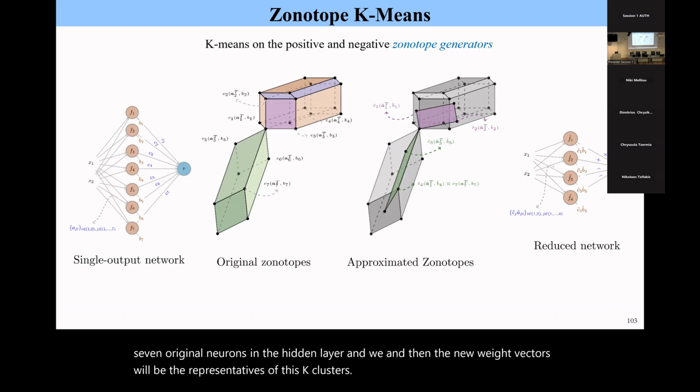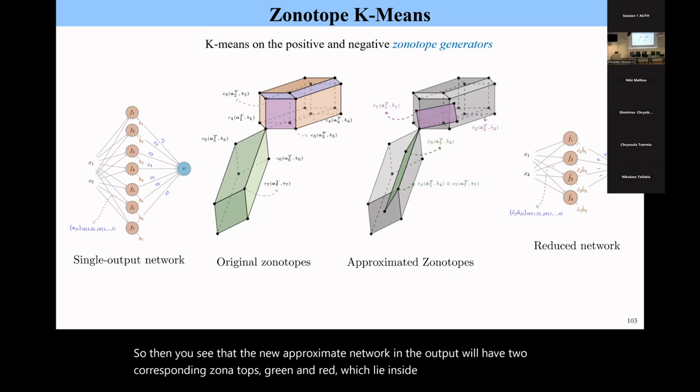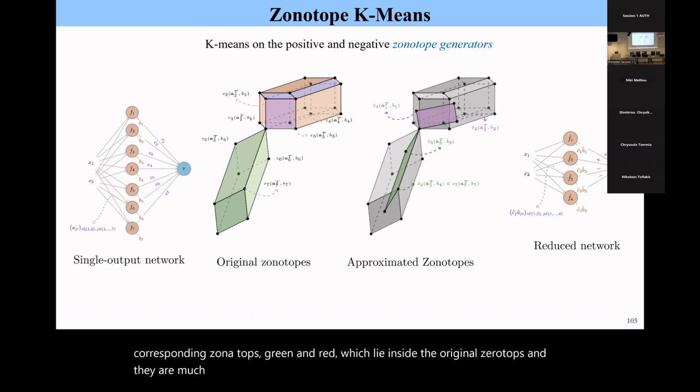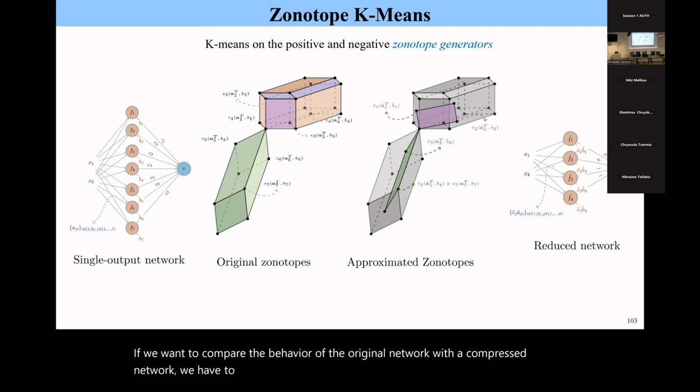Then you see that the new approximate network in the output will have two corresponding zonotopes, green and red, which lie inside the original zonotopes, and they are much simpler. And again, if we want to compare the behavior of the original network with the compressed network, we have to find the Hausdorff distance between the approximate zonotopes and the original zonotopes.